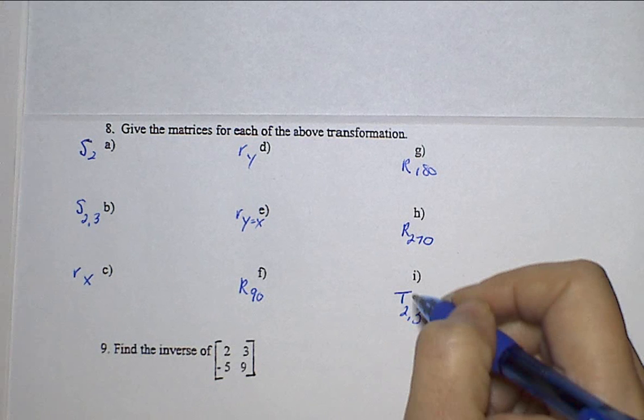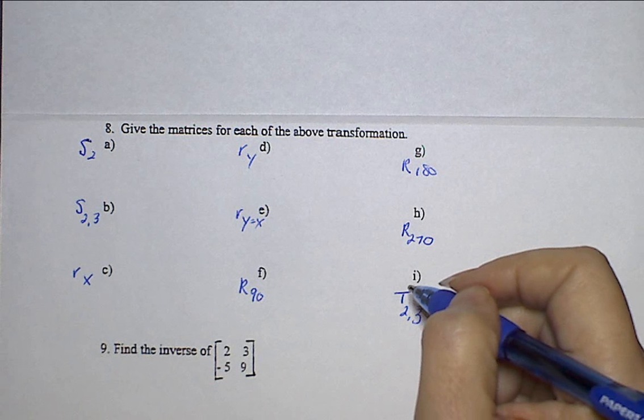Alright, so now it says to give the matrix for each one of these, right?